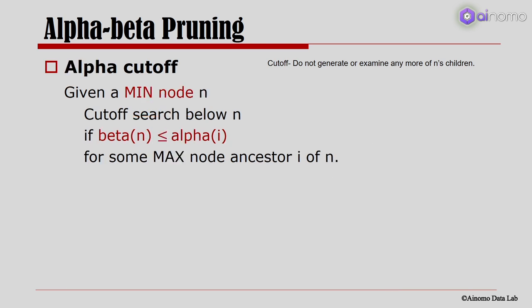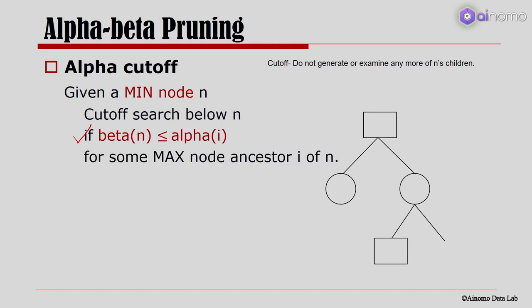Next, we will look at what we mean by an alpha cutoff. Given a min node n, we would cut off search below n when the beta of n is less than or equal to the alpha of i. Let us take a small portion of a game tree to understand this, and let us mark the leaf nodes 3 and 2.